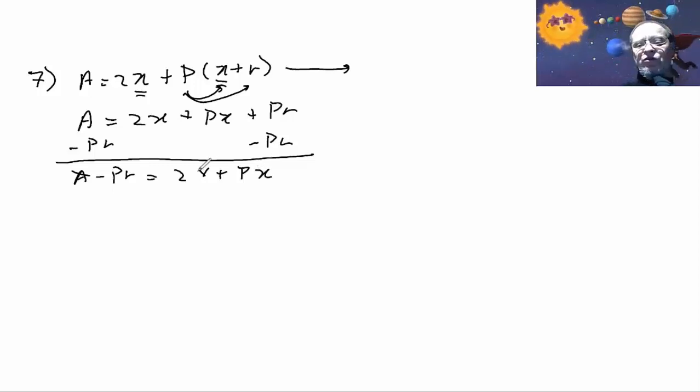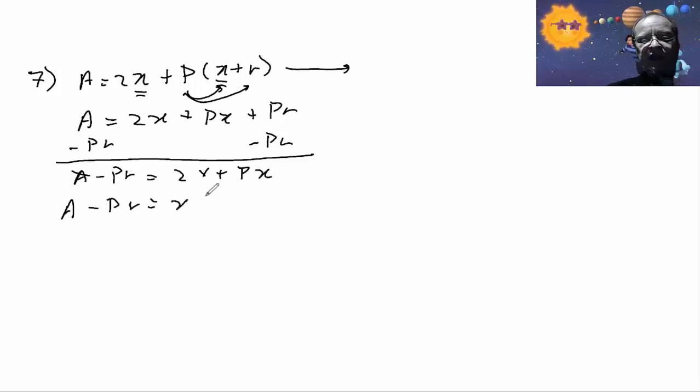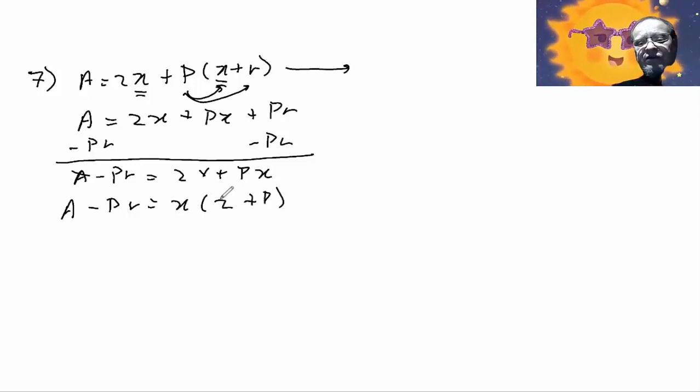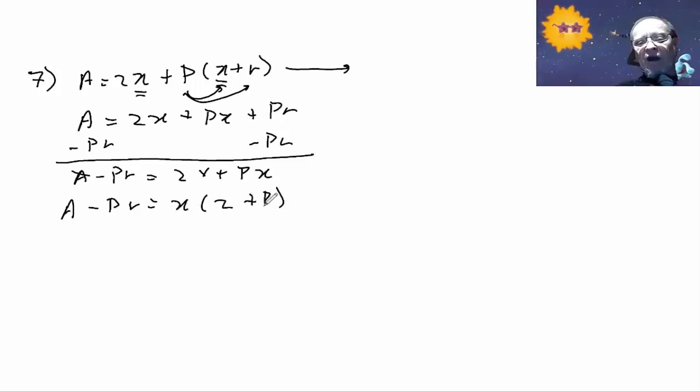Now what I can do to get x all by itself is use factoring, and I can factor out the x. So a minus pr is equal to x times 2 plus p. And now I can divide out the 2 plus p in the bracket and get x all by itself.